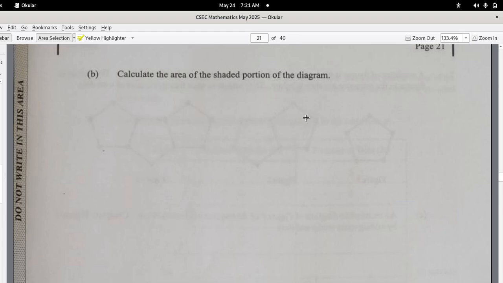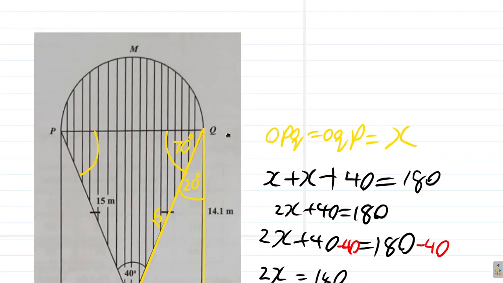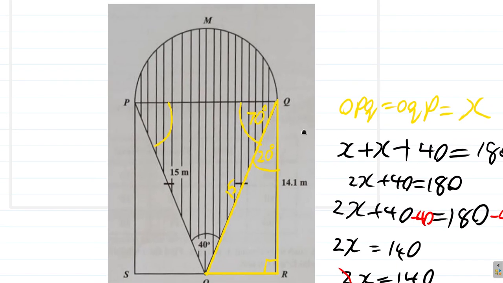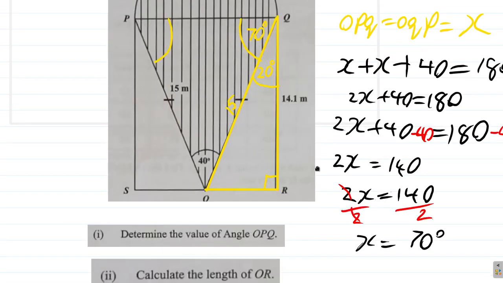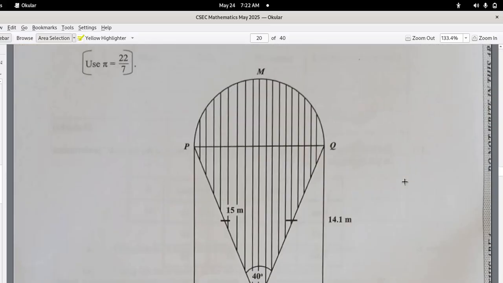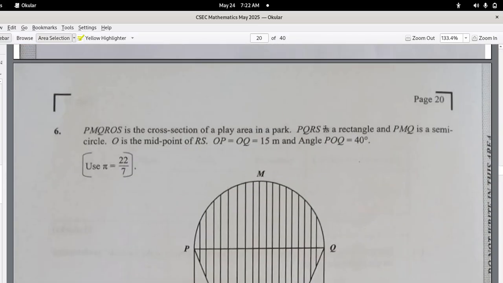The area of the shaded portion of the diagram. All right. Area of the shaded portion of the diagram. Now, remember what they say here? Semicircular. All right.